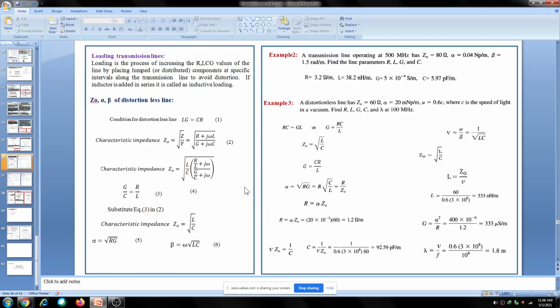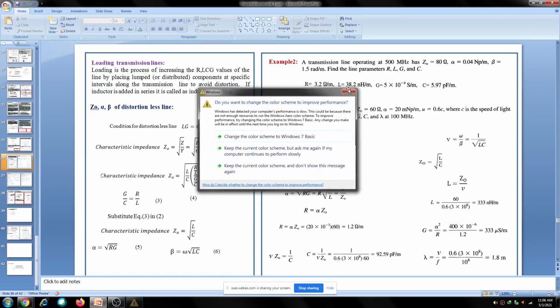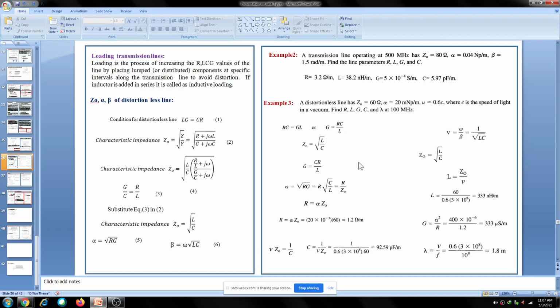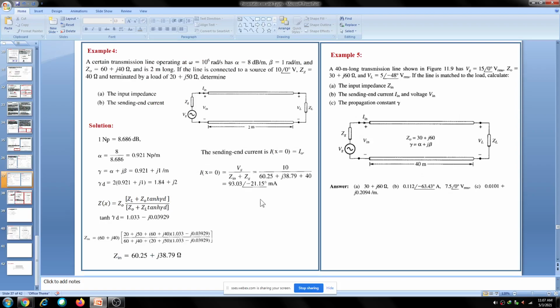We also studied this condition for distortionless, and we did some problems in the previous class. The examples: how to find out LC values if the attenuation constant and beta are given, how to find out the values of L, C, G, R. And also we did how to find out the input impedance and the input current if the input voltage is given and the length of the transmission line is given.